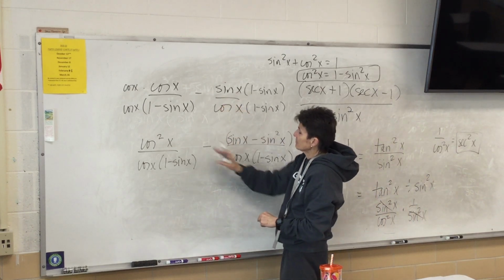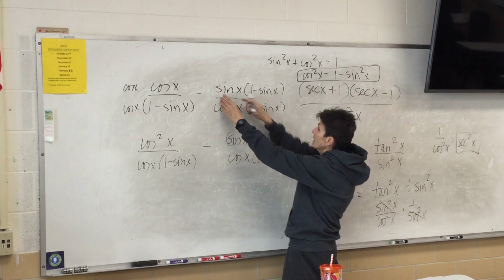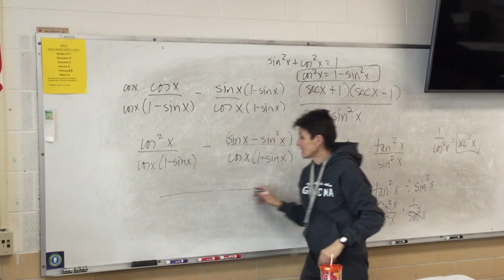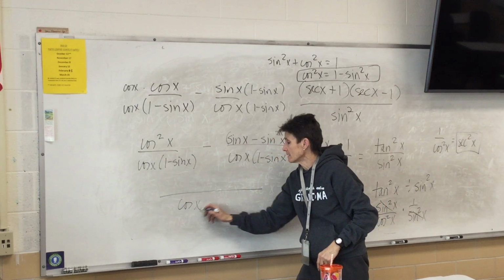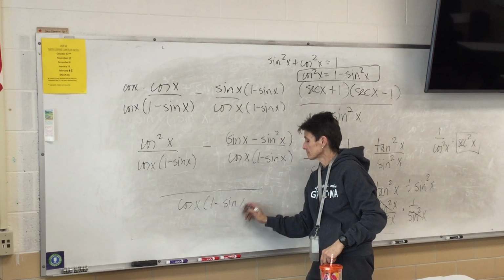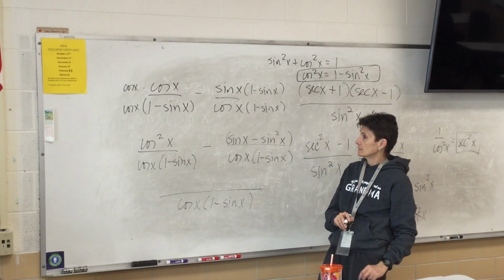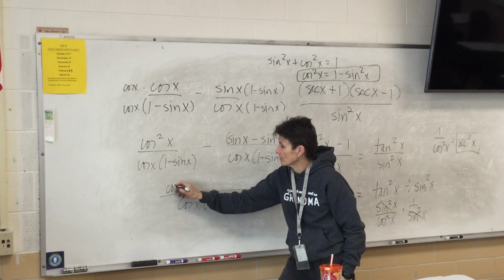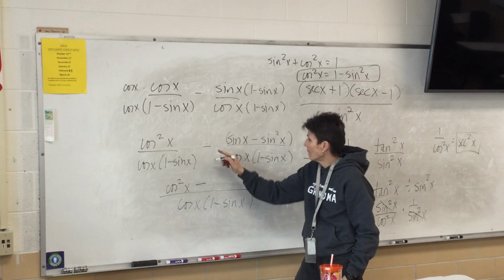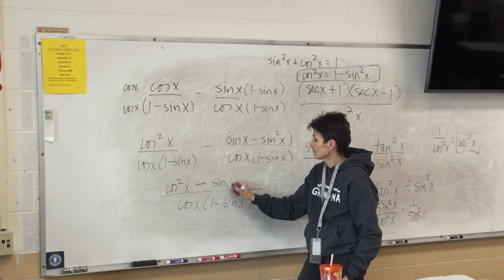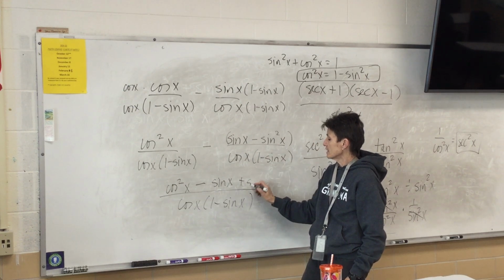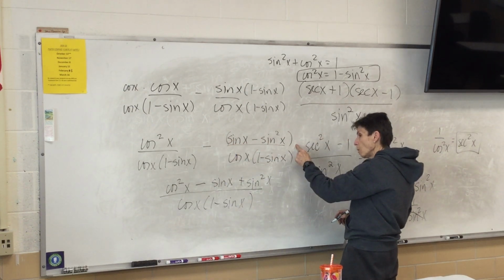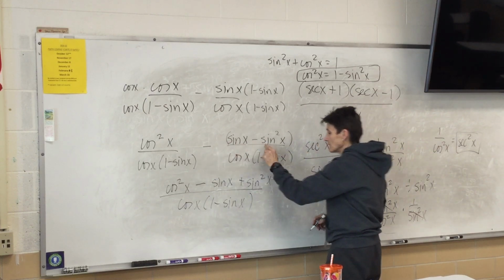So I left my negative there, my subtraction there, and I just distributed here. Now the denominators are the same, so I can go ahead and make one fraction and put all the numerators up there. So it's going to be cosine squared minus sine plus sine squared, because I'm subtracting this whole quantity, so minus sine plus sine squared.